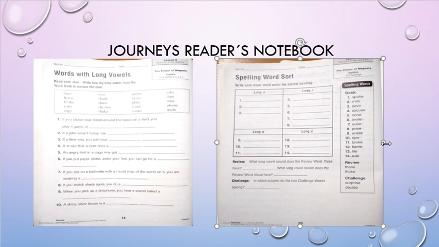Pay attention because in this exercise, they were asking you to write the long vowels that you hear before the silent E. Let's see some of them. For example, if I take word number 7, let's pronounce it all together. Cube, cube.